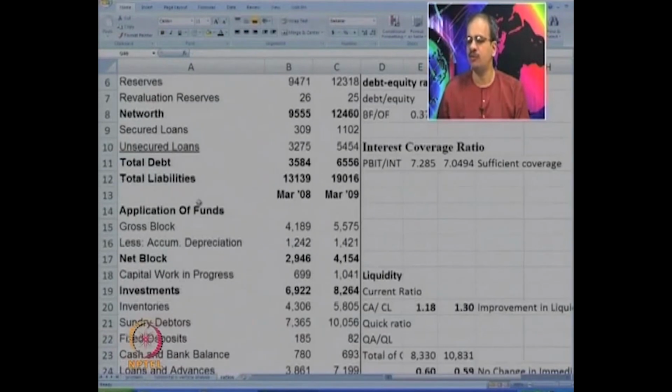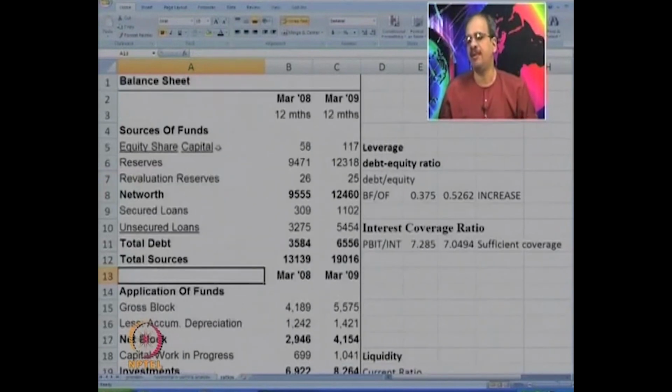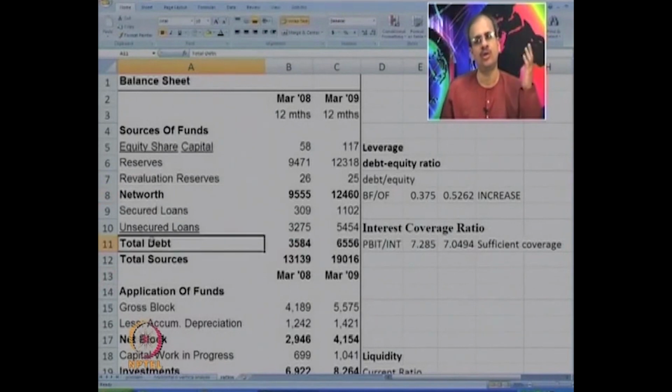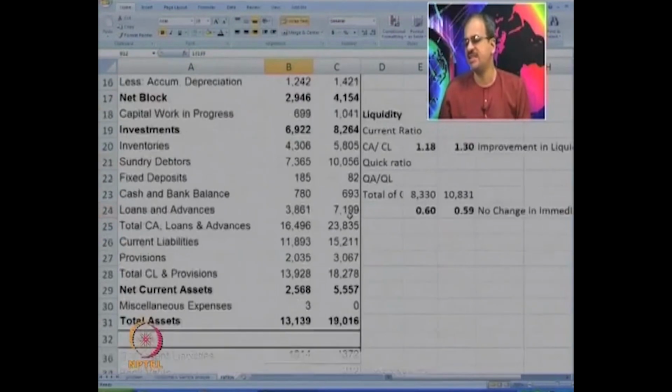Instead of total liabilities, let us call it total sources, because we are not including current liabilities. In total sources, we are only including net worth and total debt. Are you getting me? So, total sources were 13,139, now they are 19,016.